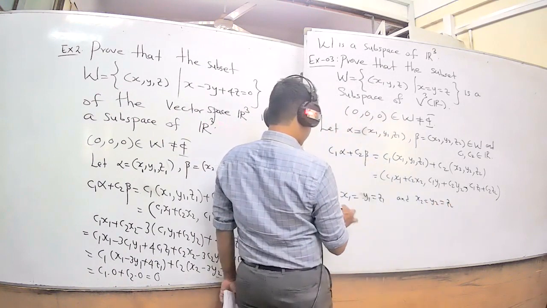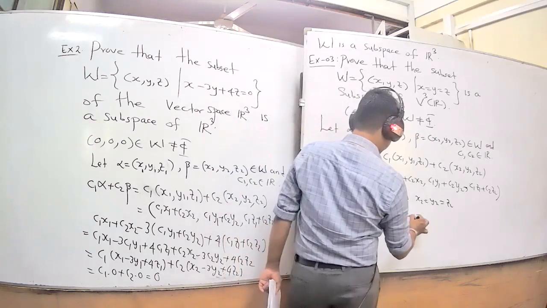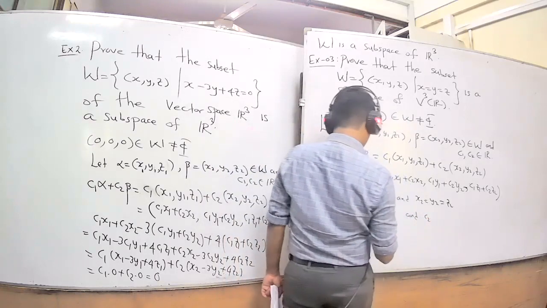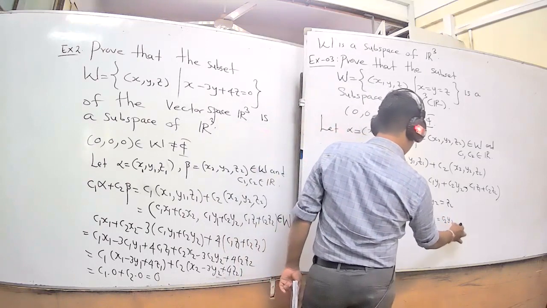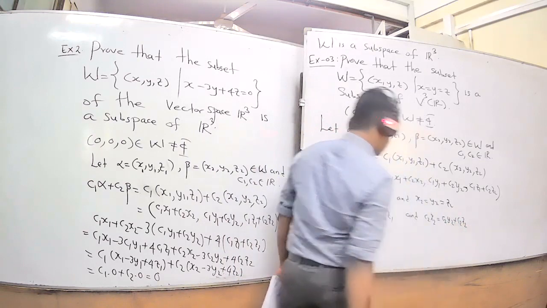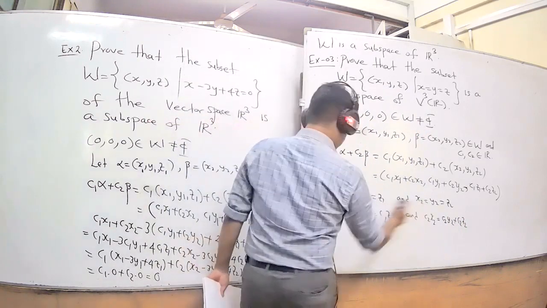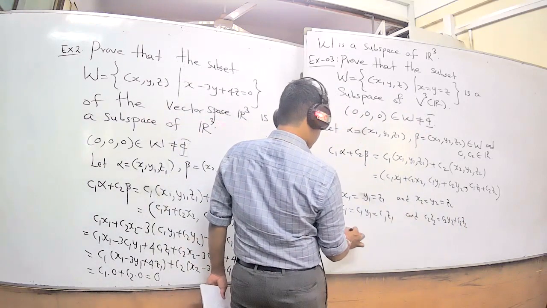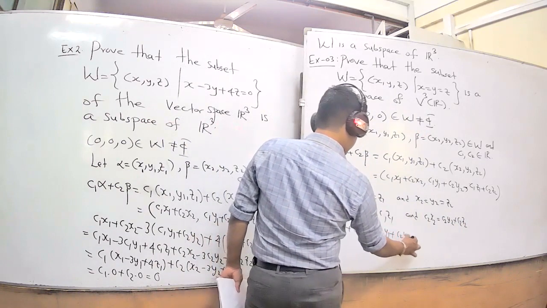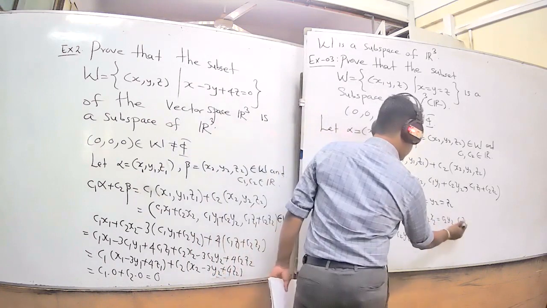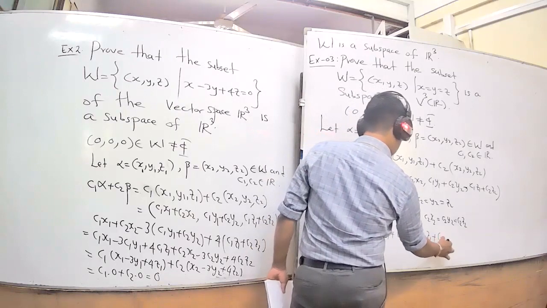So c1 x1 plus c2 x2 equals c1 y1 plus c2 y2, which equals c1 z1 plus c2 z2.